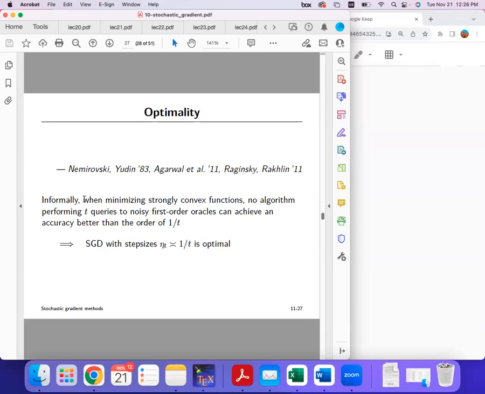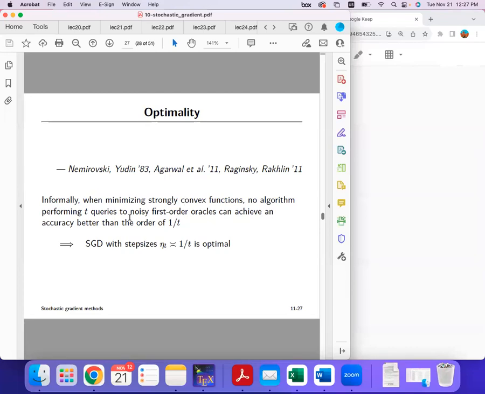So informally, when minimizing strongly convex functions, no algorithm performing T queries to noisy first order oracles can achieve a better convergence rate. This means that if we consider minimizing a strongly convex function and consider a large class of algorithms, we can only access T stochastic gradients in the first T iterations.